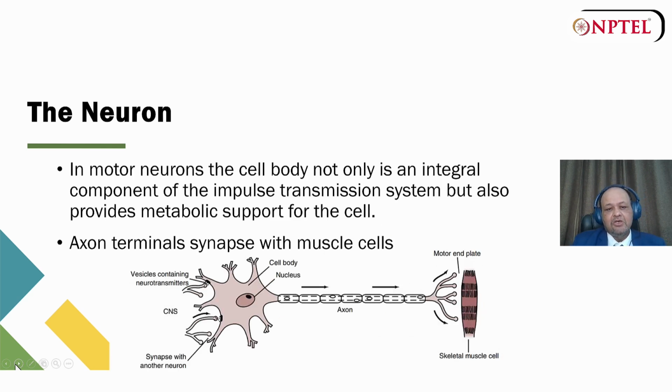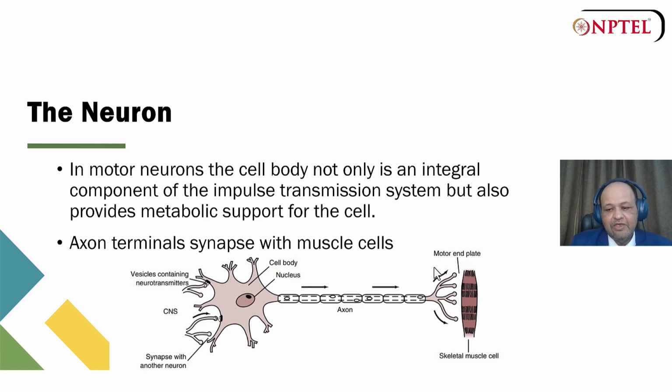The motor neuron: when the brain or the spinal cord interprets that, it is going to send a response through the motor neuron, and the structure of the motor neuron is completely different from the sensory neuron. That means it is multipolar, and it carries the impulse away from it toward the motor end plate. So that is why we see the patient shrugging, blinking, or moving away from the pain.